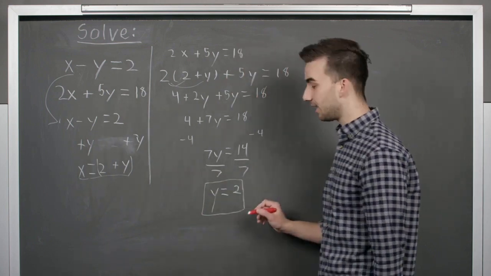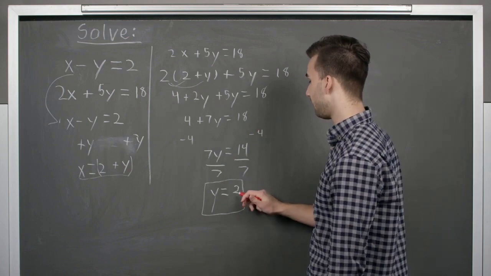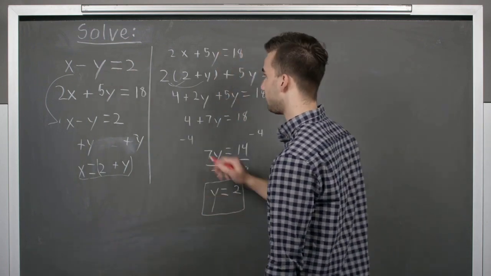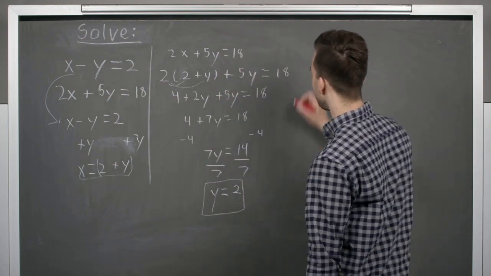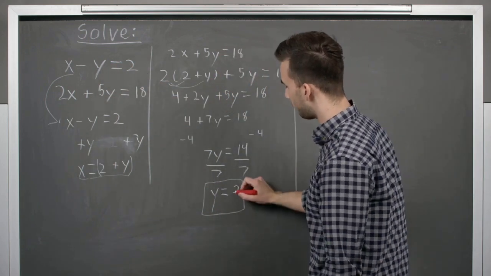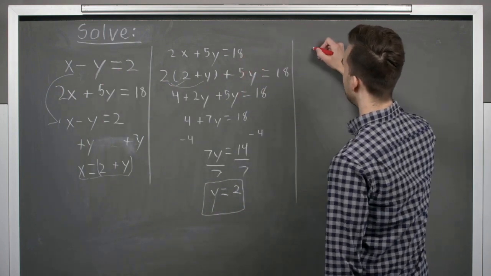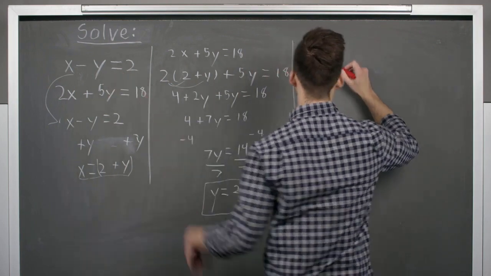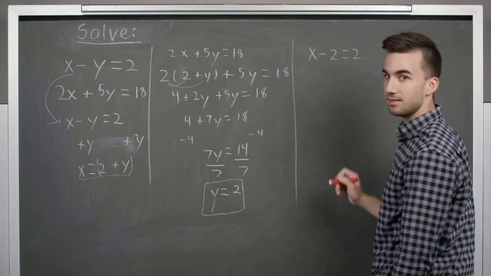And now that we have the solution for y, we can take this and plug it into either equation. But let's just do the first one because it'll be easiest. So let's plug y equals 2 into our first equation. And that gives us x minus our y here, which is 2, is equal to 2. And then now we can easily solve this for x.